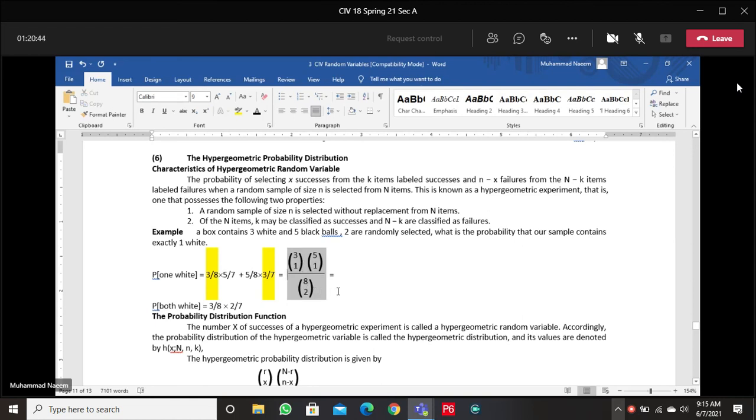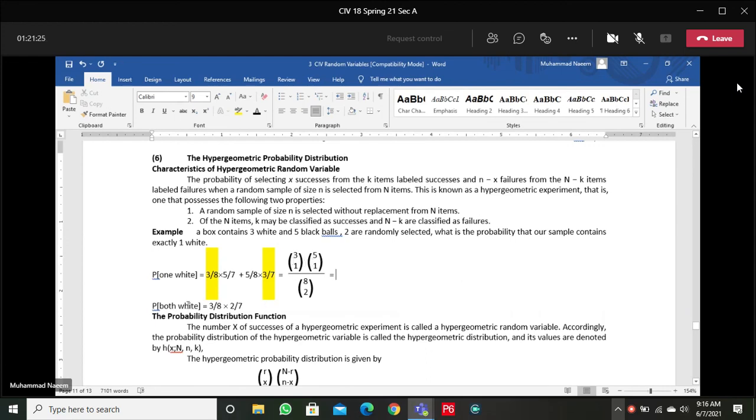Total possible cases are 8C2, drawing 2 items out of a total of 8. In the numerator, as our interest is 1 white, this 1 comes from 3 and the other one comes from the black category. Multiply them, because necessarily we are drawing both items, a sample of 2. That's why their respective cases are multiplied.